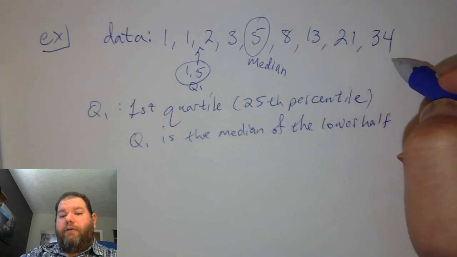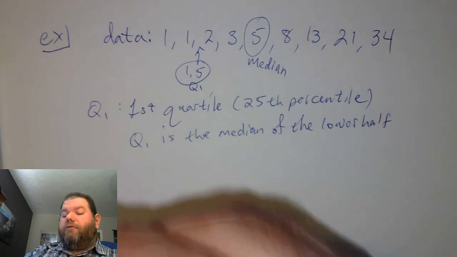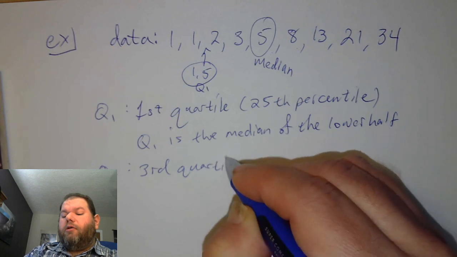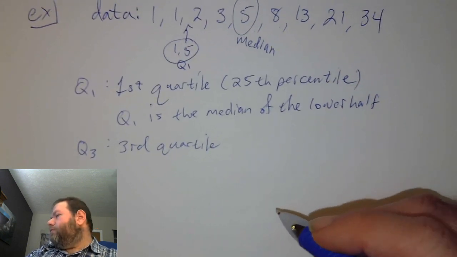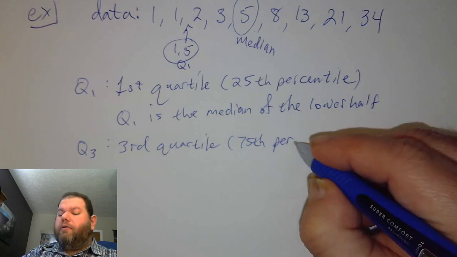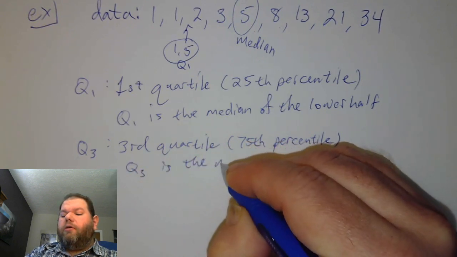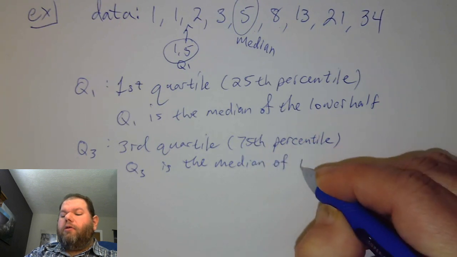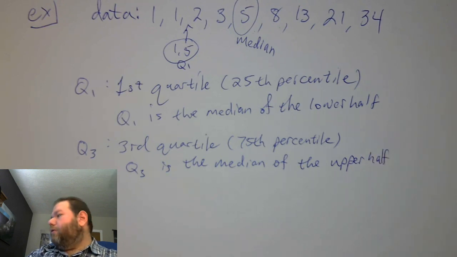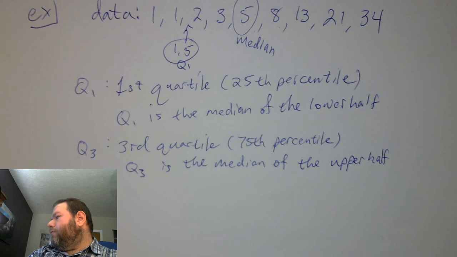So for these four values, which number represents the median there? 17, good.